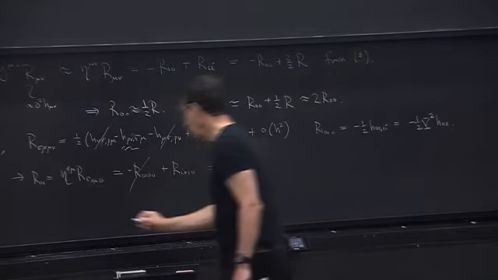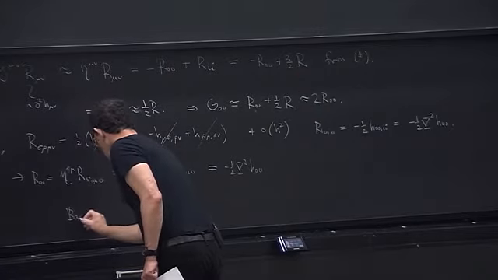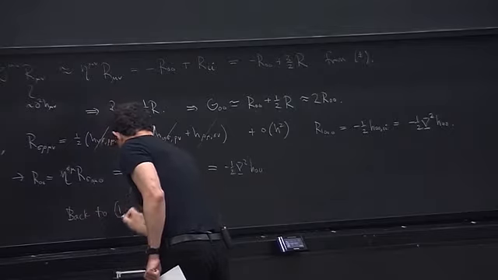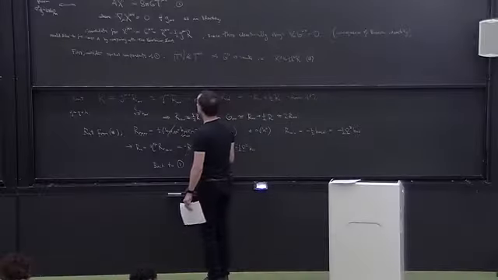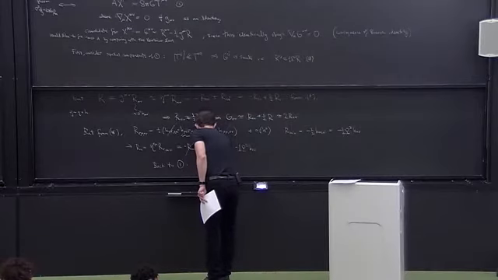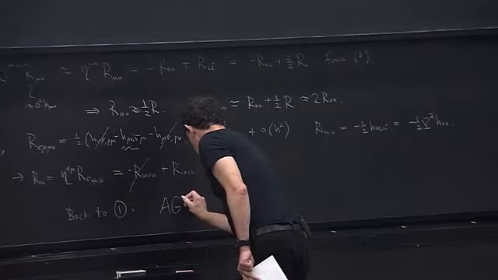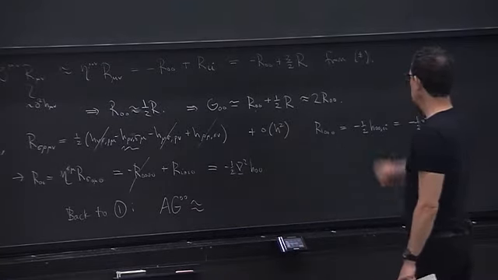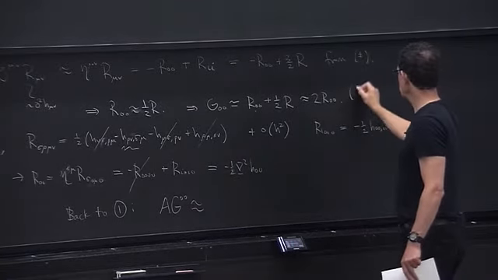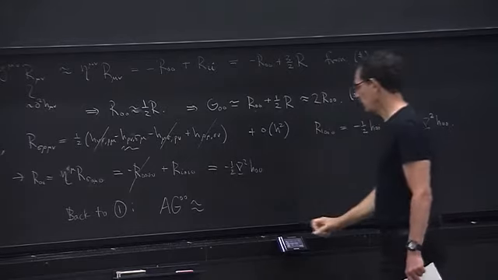Okay, so back to equation 1. Take the 0, 0 components, and we've got a times g00, which is approximately, using this equation, let's call that 3 daggers.